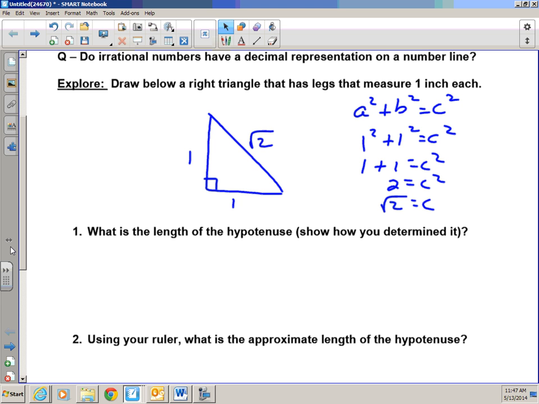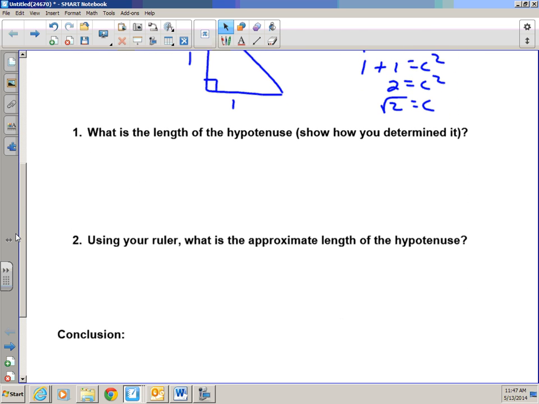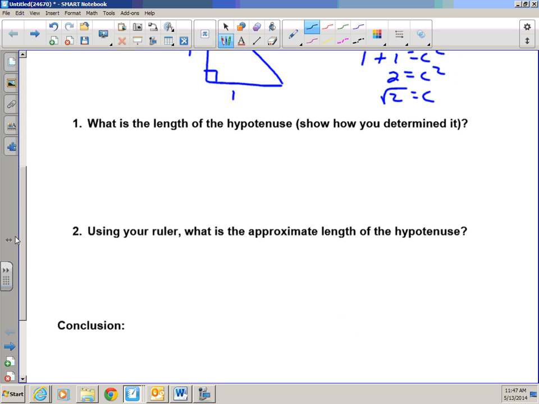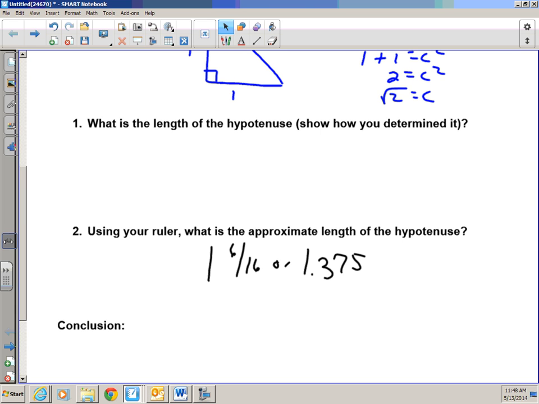But we know we can measure this length. And yes, we could use a ruler and measure it out, and we would get something like approximately 1 and 6/16 or 1.375. But again, it's only a rational approximation. It's not a completely 100% accurate number.